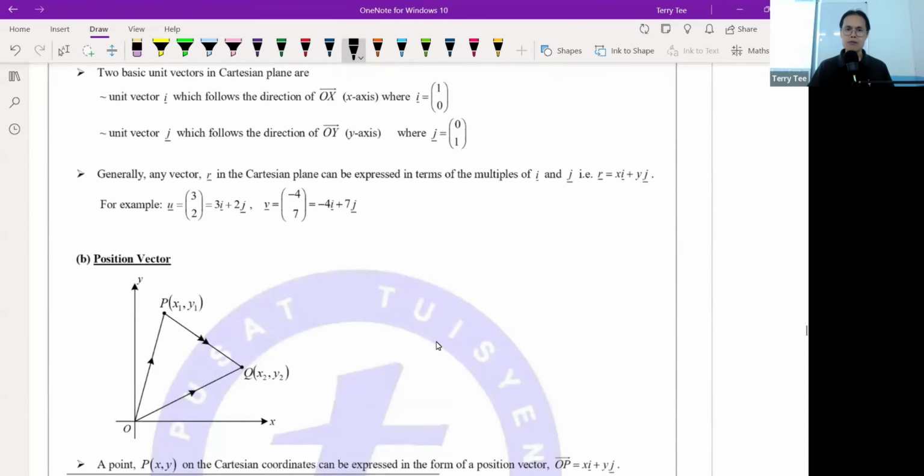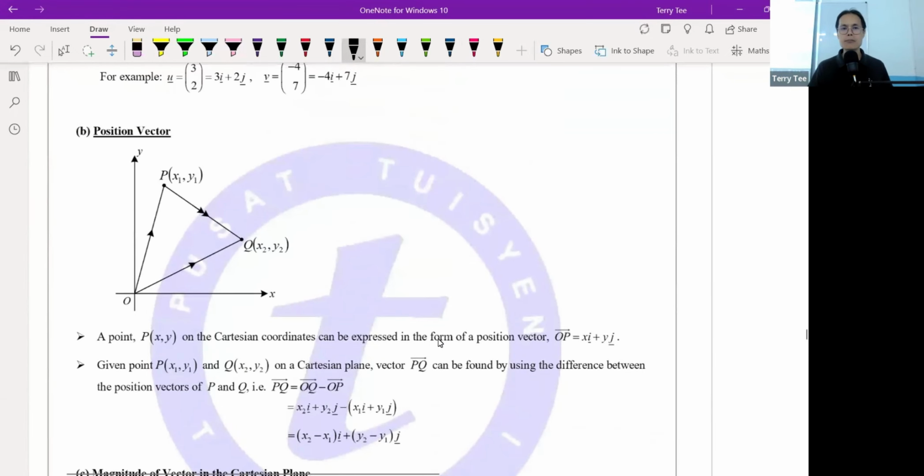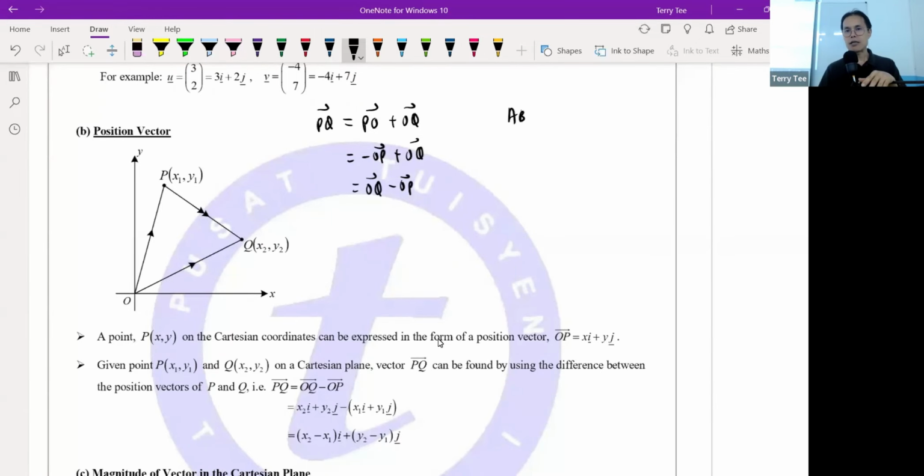I don't have to explain all this, but a quick one about position vector. I'm sure you've seen this before. PQ means what? If you want to go from P to Q, I can go P to O, O to Q. PO is actually negative OP, right? So normally I'll put OQ in front and minus OP. But if you don't want to do this, please do it one by one, P to O, O to Q. Because some people mess up. AB is always OB minus OA.